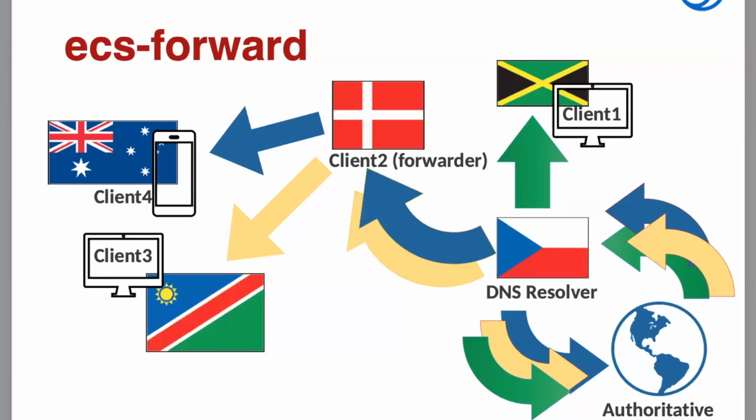So we honored those and we sent those options to the authoritative server and got answers back that were applicable to those and sent them back to client 2. And client 2 will be doing the same game as the DNS resolver is doing when it's responding to clients 3 and 4. So that's how you do cascading resolvers with forwarding. Use the ECS forward option.